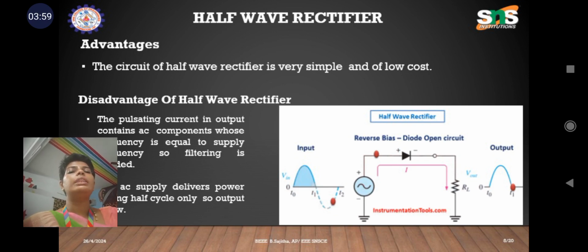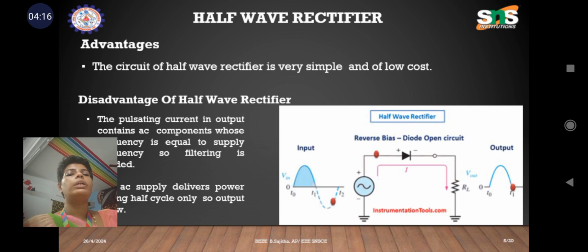That is why this type of rectifier is called a half wave rectifier, because the circuit rectifies only one half of the AC cycle. It could be either positive or negative.